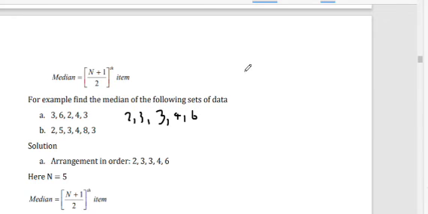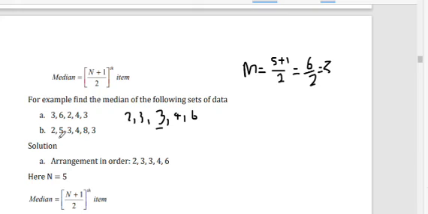So the median will be at n, the number of them, which is 5, plus 1, divided by 2. 5 plus 1 is 6, divided by 2 is equal to 3. So the median is 3.